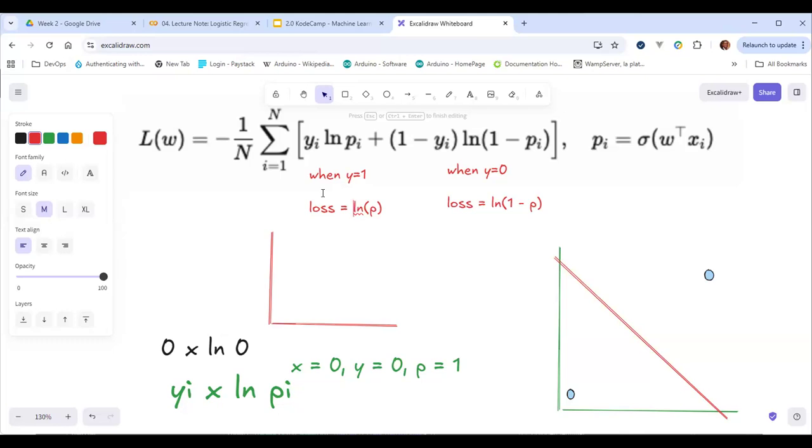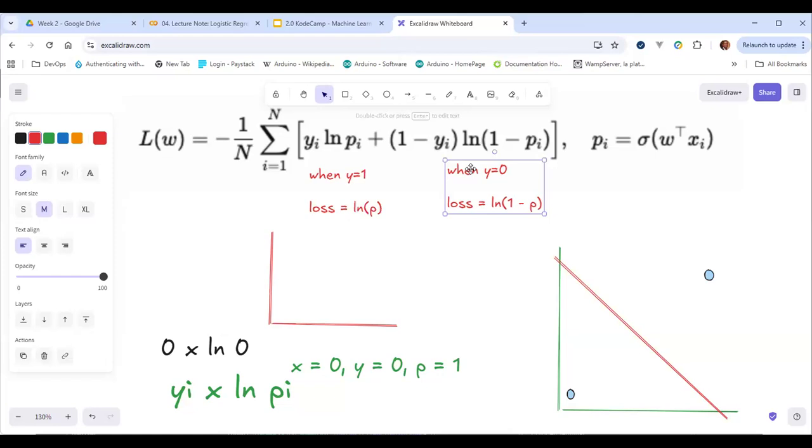When you now combine it, you have the full cost. And that is what this whole thing does with the sigma function. So for data points where the real value is true, or 1, or yes, the loss for those data points is calculated using the logarithm of whatever prediction came out from your model.